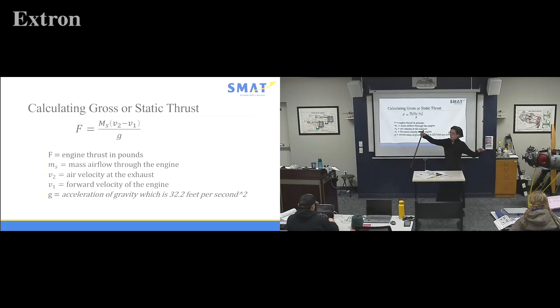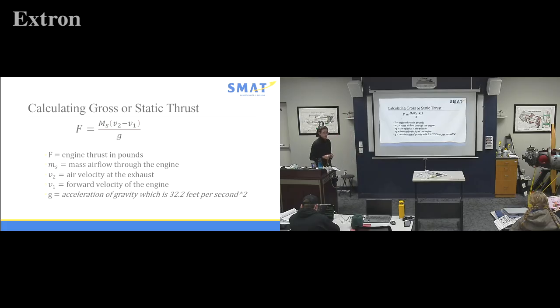But there's a point where your drag is greater than your ram air, just the initial forward movement, where the gross thrust, theoretically, actually decreases. You get moving so fast, it's not even noticeable in real life, but in theory, it drops because drag is greater than your ram until your ram ramps up and takes over.